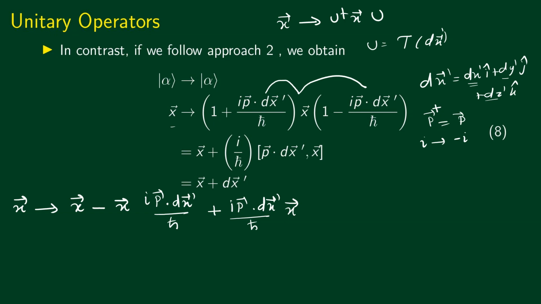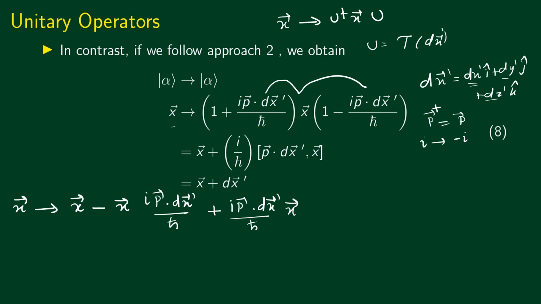You will get a square of the infinitesimal quantity. So this term can be avoided when we talk about infinitesimal transformations. We don't work with higher order terms when we deal with infinitesimal quantities.